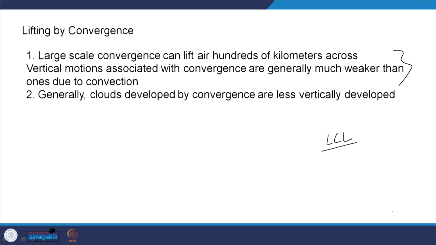The clouds developed by convergence are less vertically developed. So, convergence is a very weak lifting mechanism in comparison to convection. That is why convergence will not really push air much beyond the LCL or to much higher altitudes, right. So, this is the fourth mechanism by which we can lift the air.